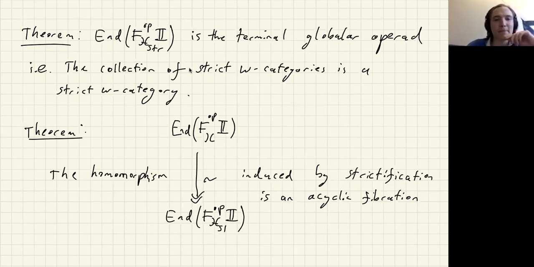And so the terms of these endomorphism operads turn out to be what you might call, though there are various names, the active maps in the theta category or the generic maps in the theta category. That's basically what the terms are. And their source is always going to be a representable because this is a globular multicategory.